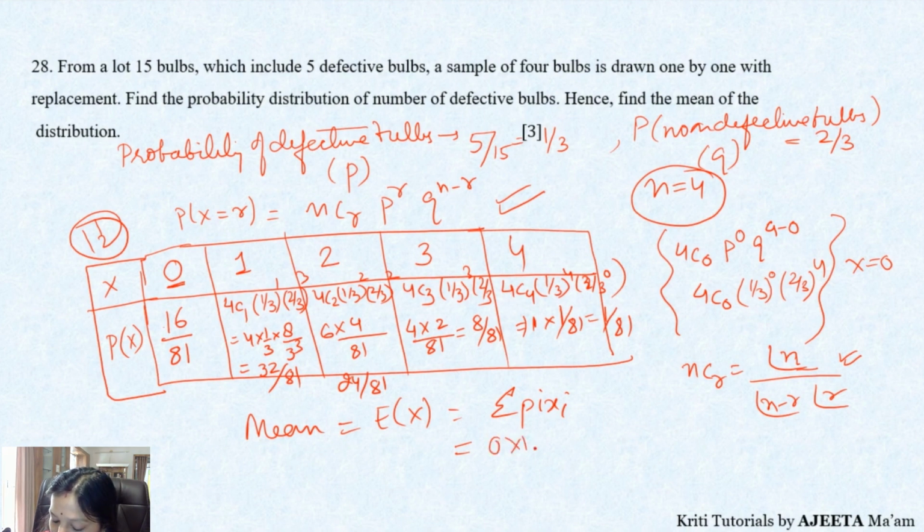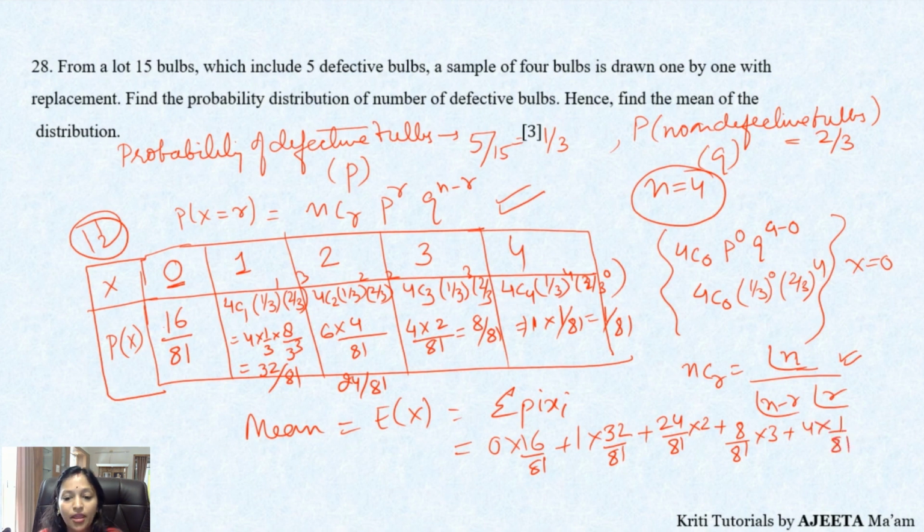So what will I get? 0 into 16 by 81 plus 1 into 32 by 81. Do not reduce anywhere. Plus 24 by 81 into 2 plus 8 by 81 into 3 plus 4 into 1 by 81. 81 same रखेंगे हम, so that LCM ले सके and easily we can calculate it. Okay, now let's move it out. 81. So 0 into 16 is 0, 32, 48, 24 and 4.